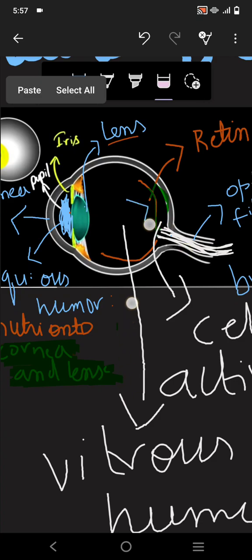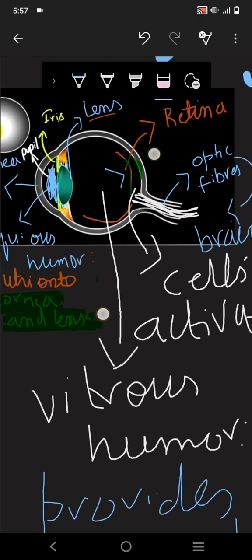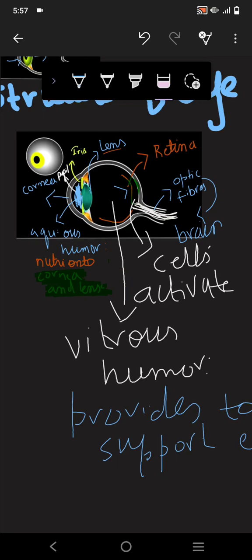That is why the vitreous humor is a watery substance and it is present.